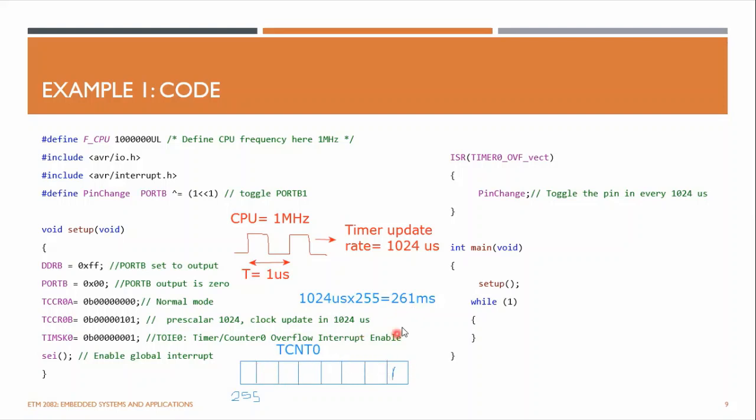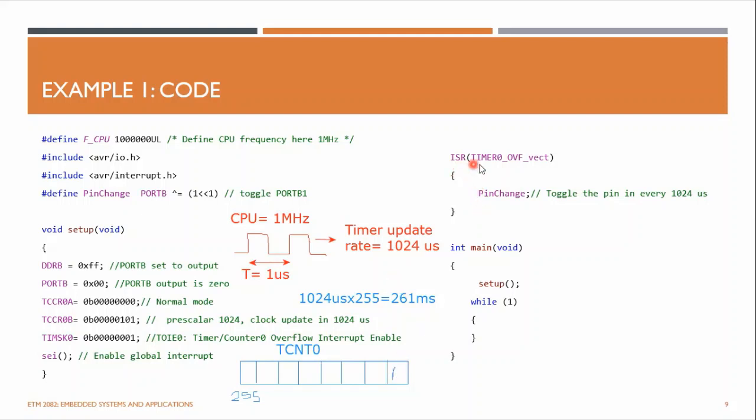After 261 milliseconds, the TCNT0 will overflow and generate the interrupt. The interrupt service routine will be executed, and the TCNT0 register will be reset to 0 again, in order to count again from 0.